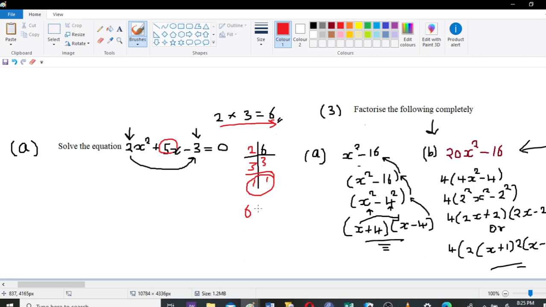Yes. So here on 5x, the other way we can write 5x is using the sum and the product that we have gotten. We have gotten the product, which is 6, right? And the sum that we are getting is 5. And those two numbers which give us the sum and the product are 6 and 1, right?